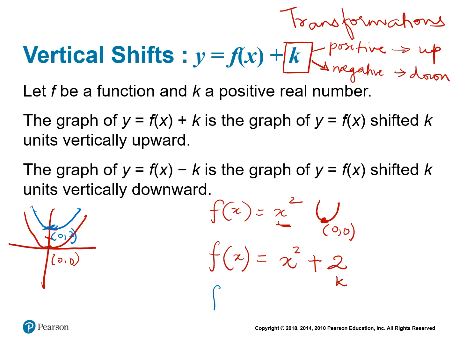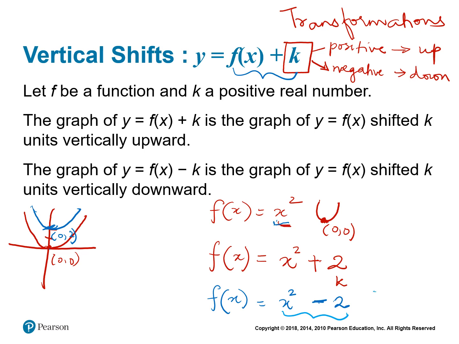If the function were to be written as x squared minus 2, I'm going to rewrite x squared minus 2 in the form f of x plus k. So the form has a plus in it.